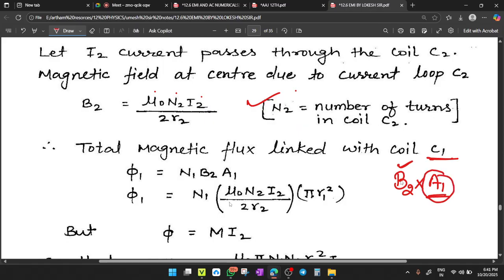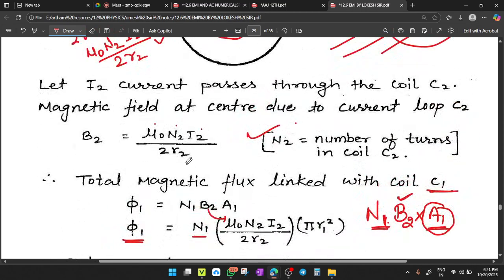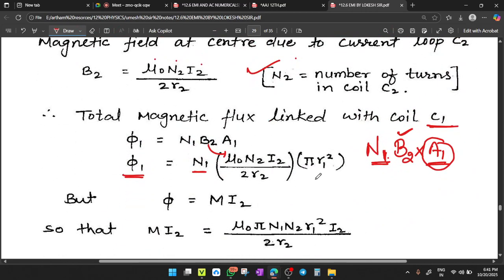Whose magnetic field? Magnetic field of coil 2. And whose number of turns? Primary coil number of turns, because the flux will be linked with the primary coil. So phi 1 equals N1 B2, and from the above relation B2 equals mu naught N2 I2 upon 2R2, into the area of the first coil, that will be pi R1 square.